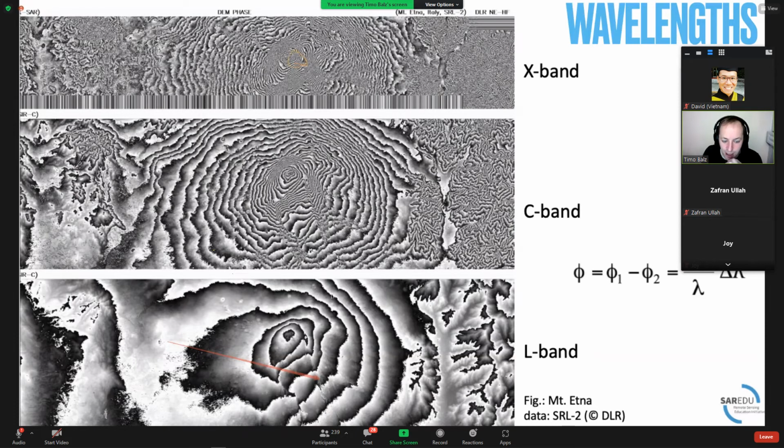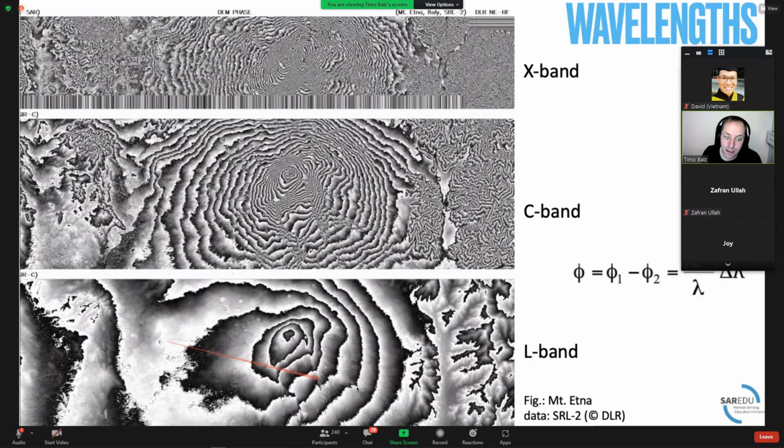However, in the L band data, it's clearly easier. We have fewer lines to worry about, we need to count fewer steps up and down. We would get to some height easier, but that height would probably be less precise.